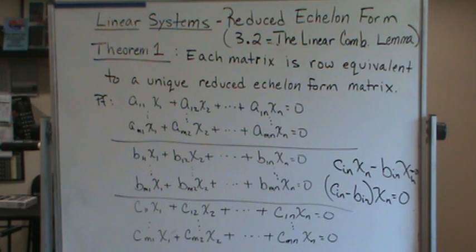Since x sub n is not a free variable, the nth column, excuse me, I keep saying row, the nth column contains the leading entry of some row. And since in an echelon form matrix, any column that does not contain a leading entry is associated with a free variable.